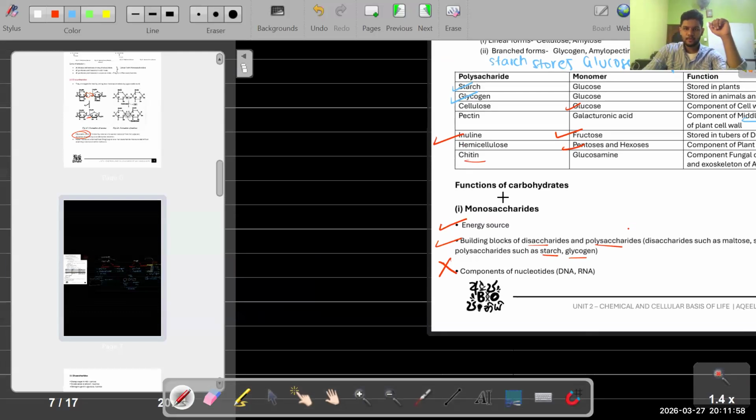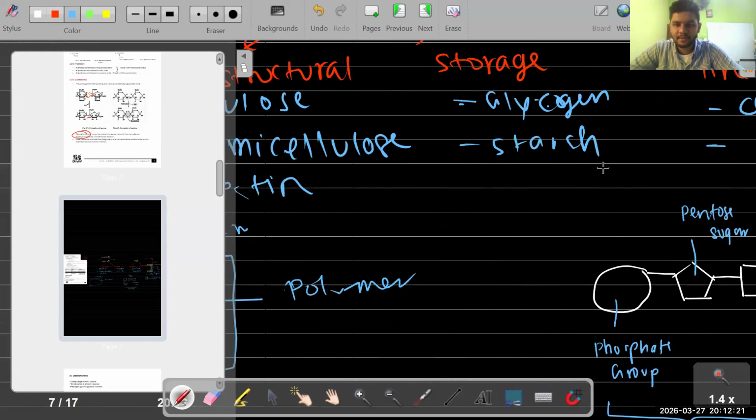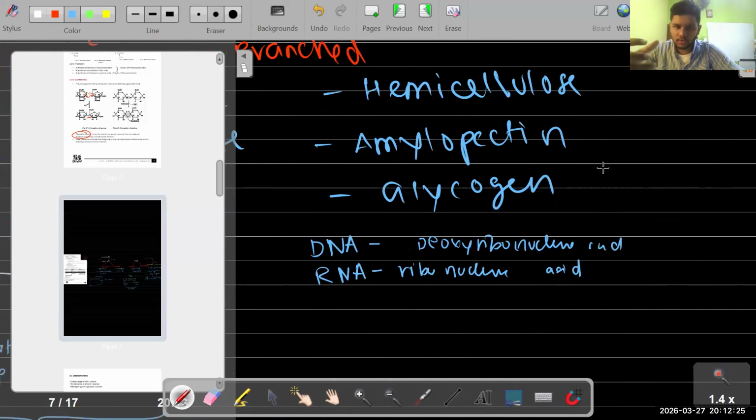See here, what is the monomer? Students, now keep your energy till the end. It's just a 2.5 hour class, I guess. So keep your energy till the end. Glucose, right? Okay, glucose. So for cellulose, the monomer is glucose.